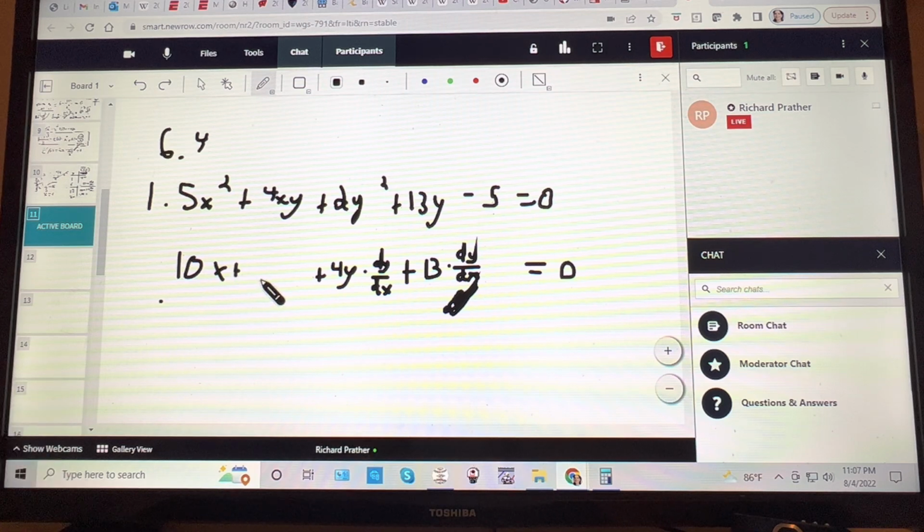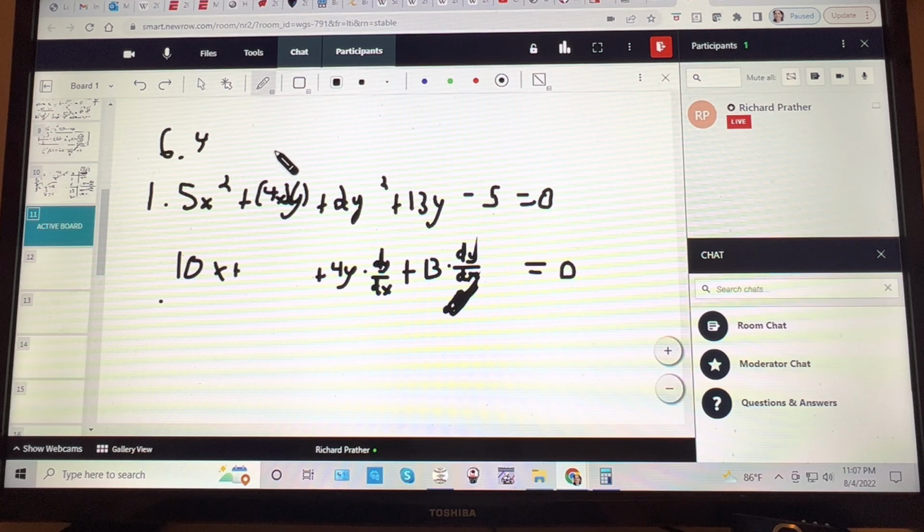Now, the reason I skipped this one till the end is this, in essence, is a product rule. I can either pull the 4 out and do it without the 4, or I can put the 4 with the x. It's not a big deal either way. So I'm going to consider 4x the first function and y the second function. I might not even have enough room to fit it all in here, so let me write it above real quick.